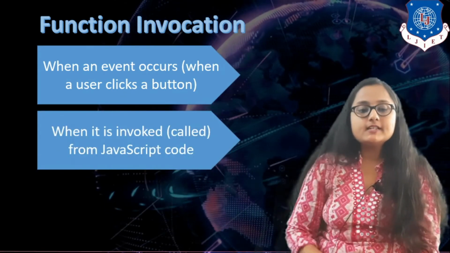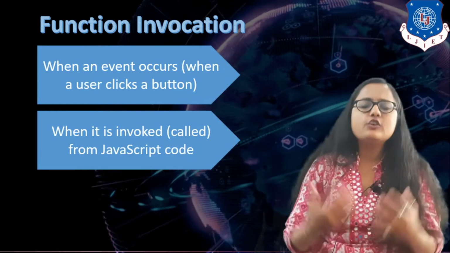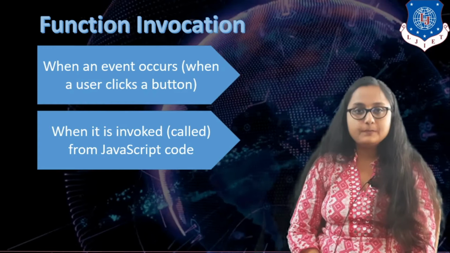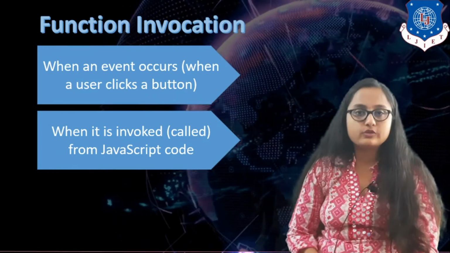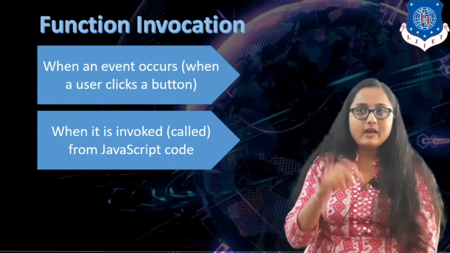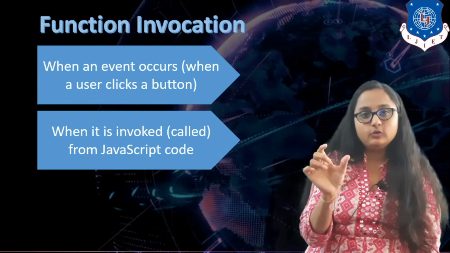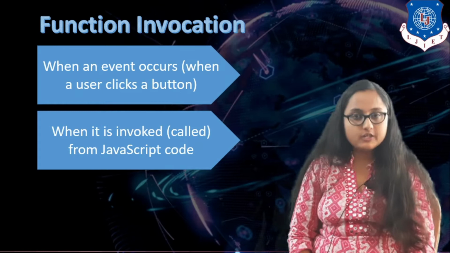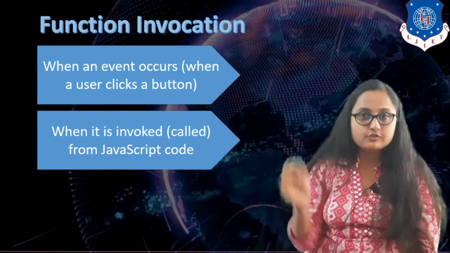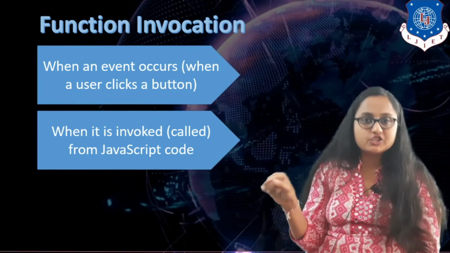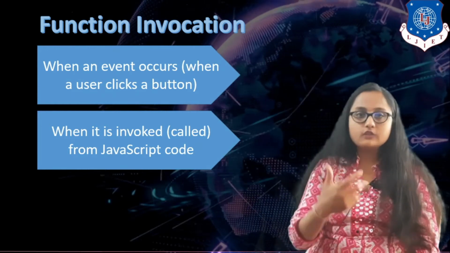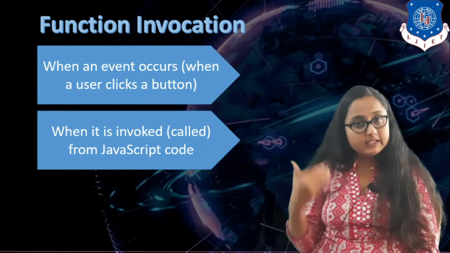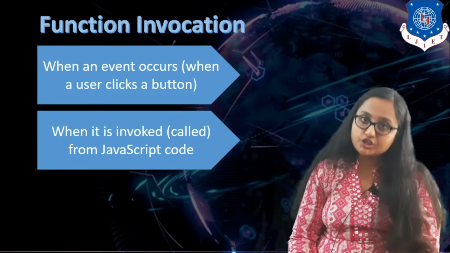The next is, by default, calling it inside the JavaScript code as you do in normal programming languages. If you have a function called calculate, you write calculate, parentheses and a semicolon. If you have parameters, you pass them inside the function call and write the semicolon along with the function name. This is the normal procedure in which you can directly call the function in your JavaScript code.